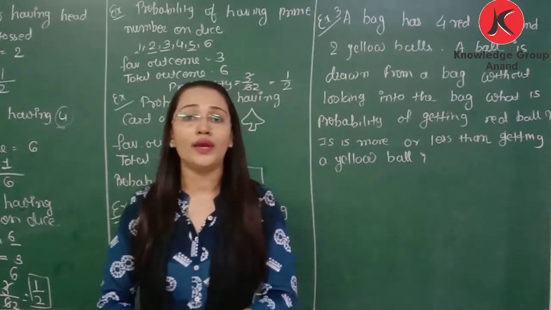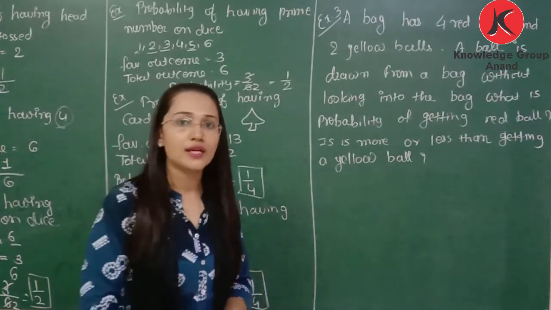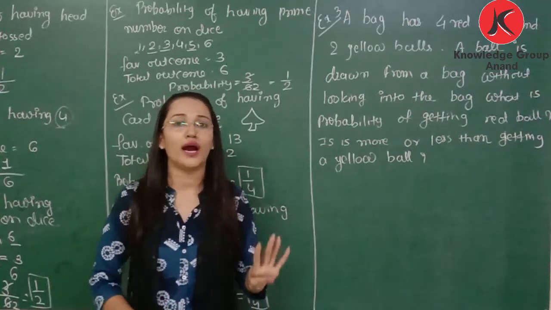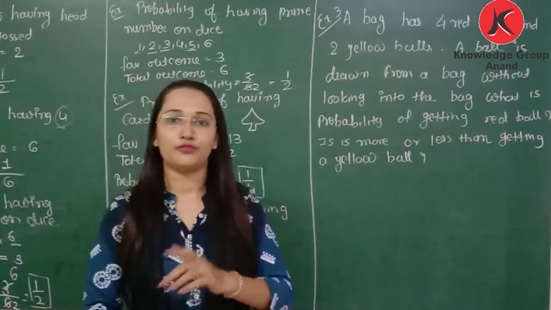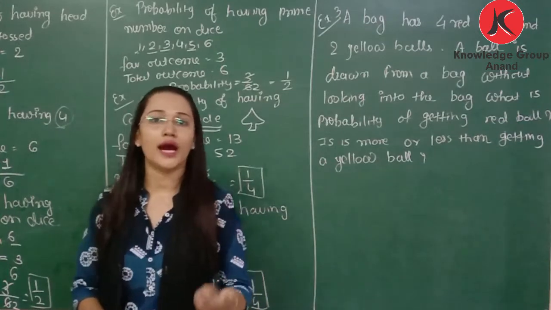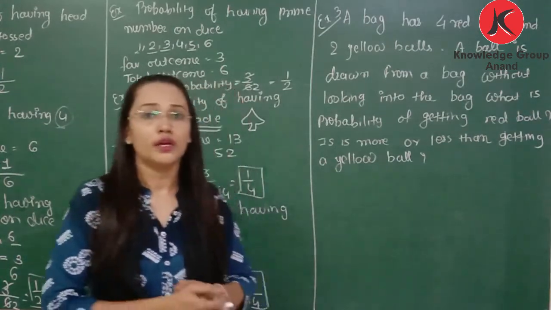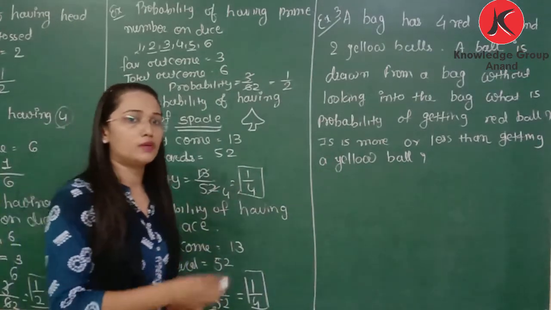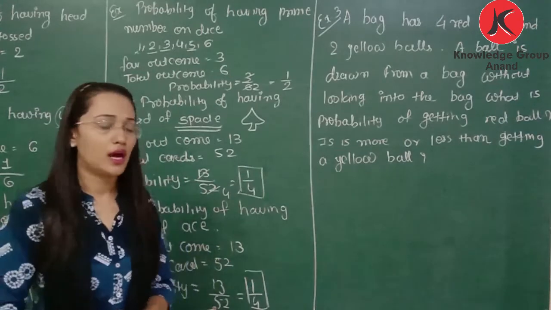And how many cards contain number 5? There are 4 cards that contain 5. So the probability will be 4 by 52, because total cards are 52 and from that 4 cards contain number 5. So the probability of having number 5 on a card will be 4 by 52. Clear? So this kind of question can be asked.